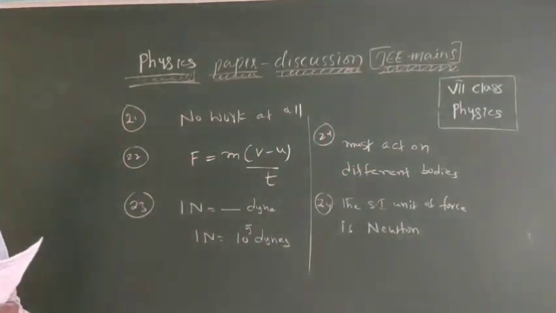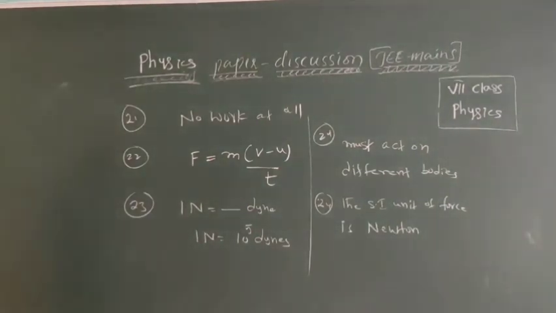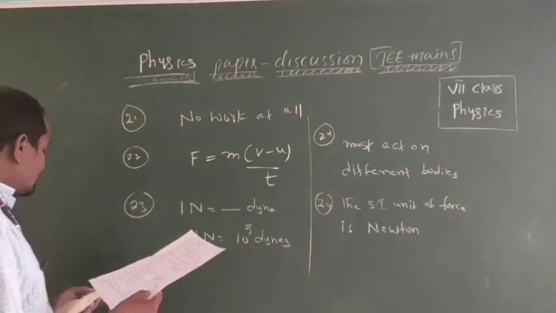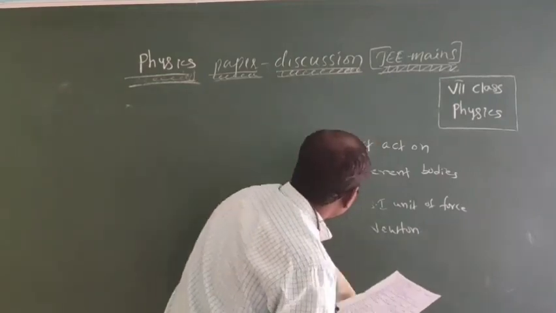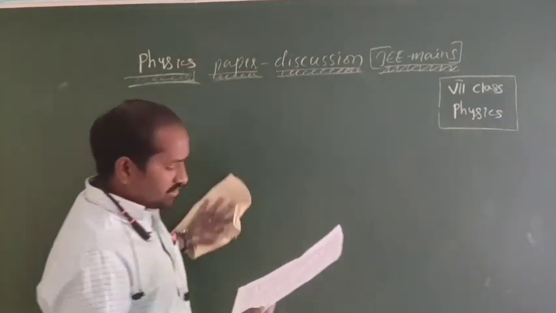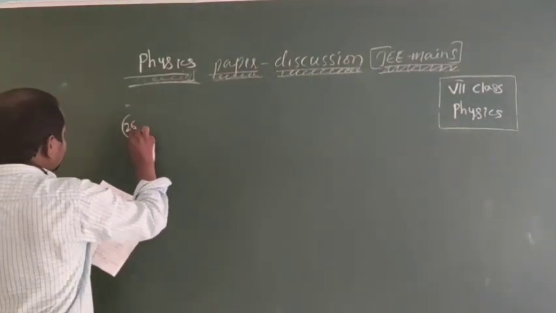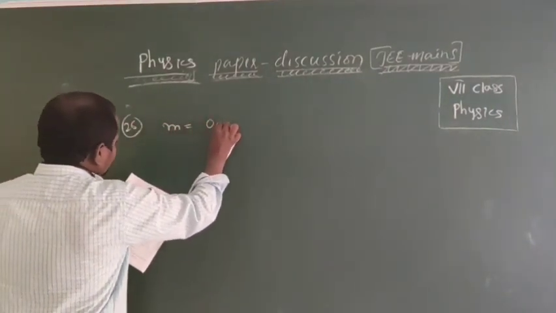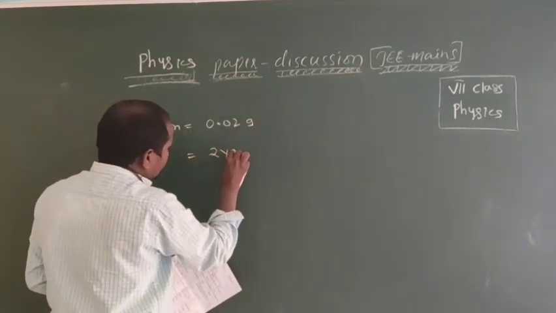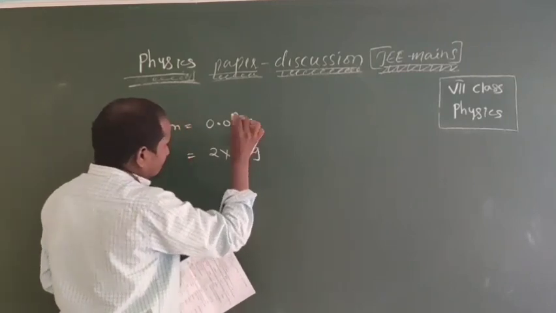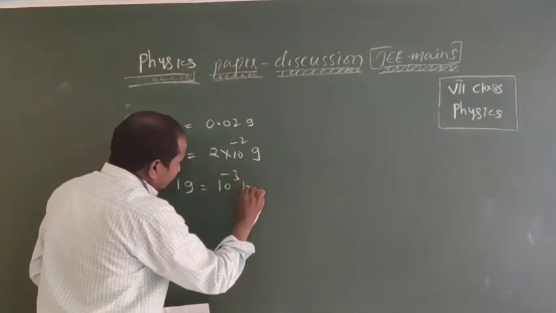Next 26, a body of mass equal to 0.02 grams. The mass is to be found in kilograms. Body of mass is given in grams, so grams convert into kilograms. The m is given, that equal to 0.02 grams. We can write here 2 into 10 power minus 2 grams also. 1 gram equal to 10 power minus 3 kg.